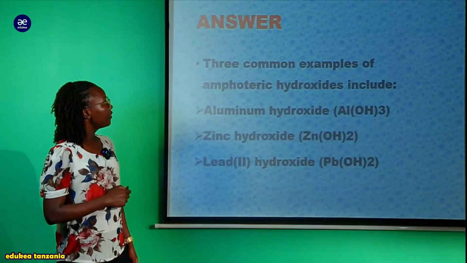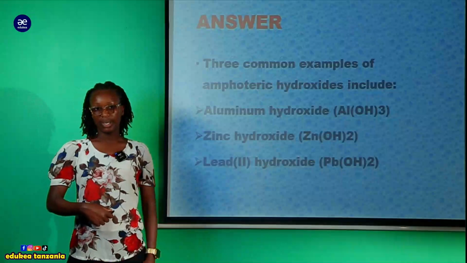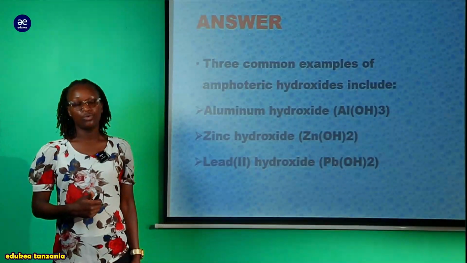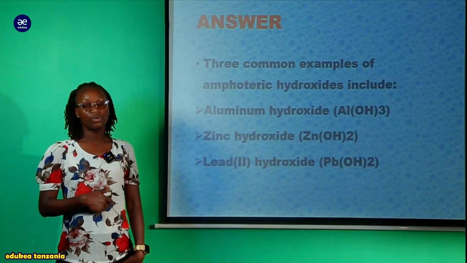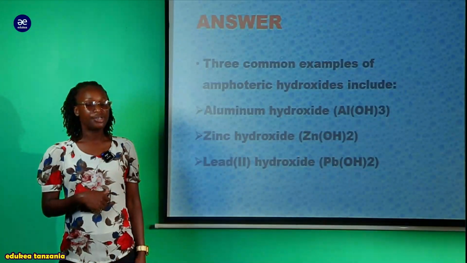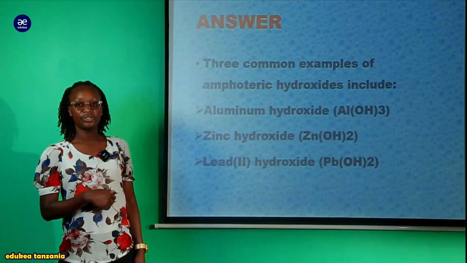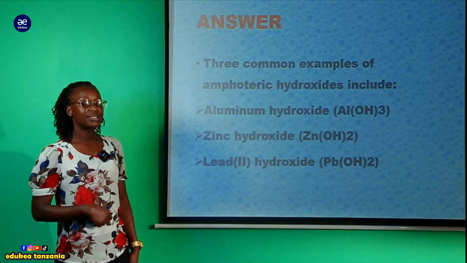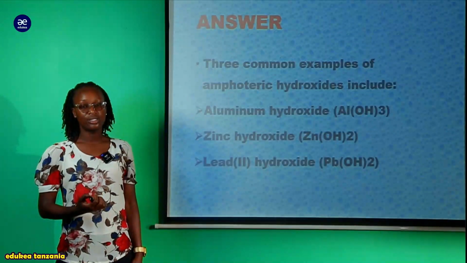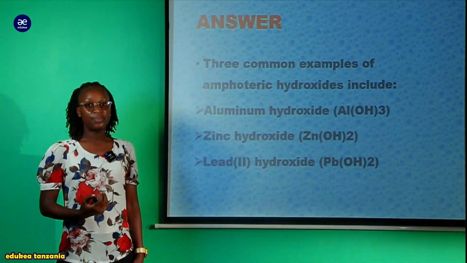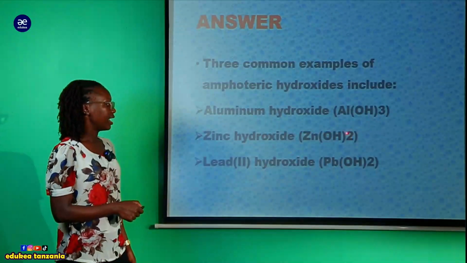Therefore, 3 common examples of amphoteric hydroxides include the following. Tuliambiwa to provide 3 examples ambazo zina play part ya amphoteric hydroxide. Therefore we have aluminium hydroxide. This is amphoteric, meaning it is able to react with the acid, but at the same time ina play part pia katika base. Another is zinc hydroxide.